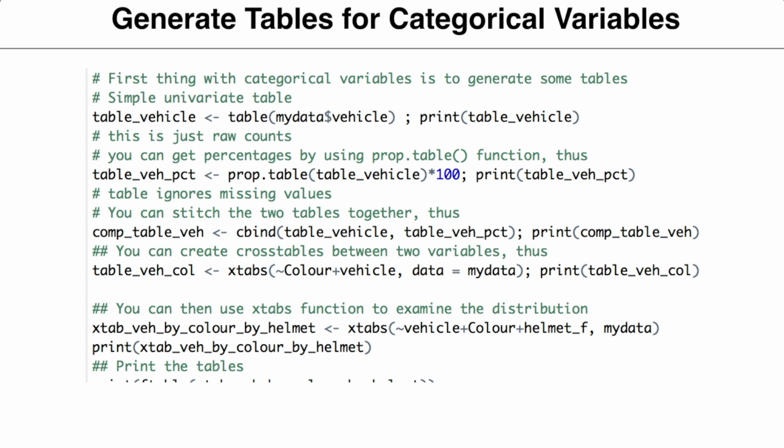Which means when you convert it into a table, you are actually converting that into a matrix. And that matrix is an argument that you pass into the prop.table function, so that it will create its own proportional representations of each of these categories. So with prop.table of the table object, you multiply that by 100 and you get the percentages of each of these individual categories of that matrix or table.